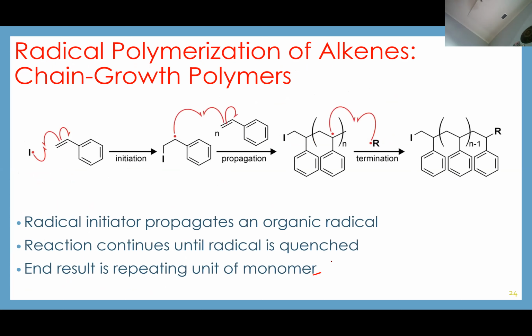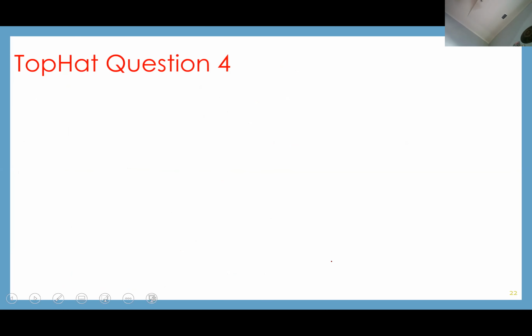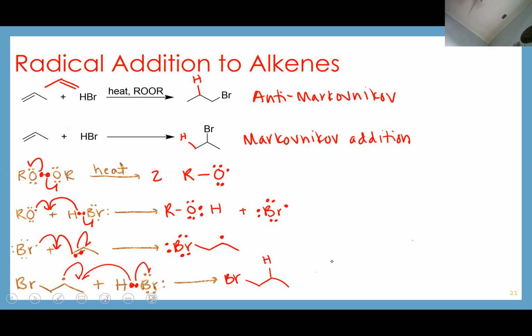Whoops, sorry. I pushed end, sorry. But we're okay. And this also creates another bromine radical to keep the reaction going. So we're not actually drawing out the termination step here.